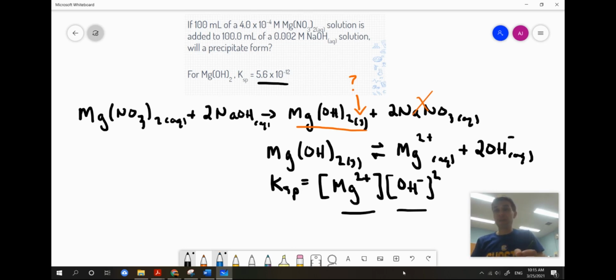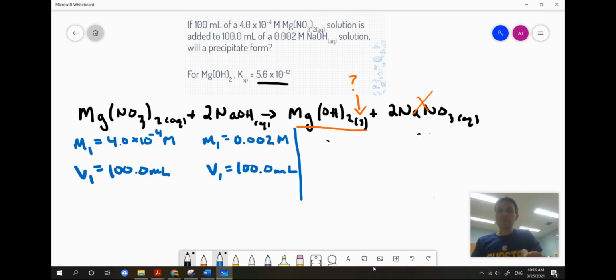Let's go back to our double displacement reaction, because that is going to be how we determine the concentrations of our magnesium and hydroxide ions in our product. What I've done here is write out the initial concentrations and volumes of each individual solution. However, these are not necessarily the concentrations and volumes that we're going to need in our KSP equation, because the KSP equation involves the concentrations after the reaction occurs, concentrations on this side of the equation.